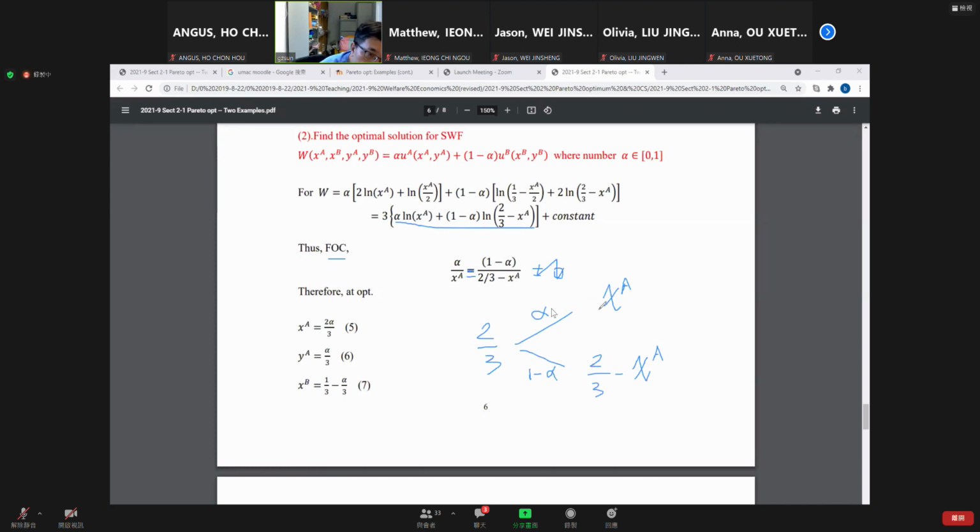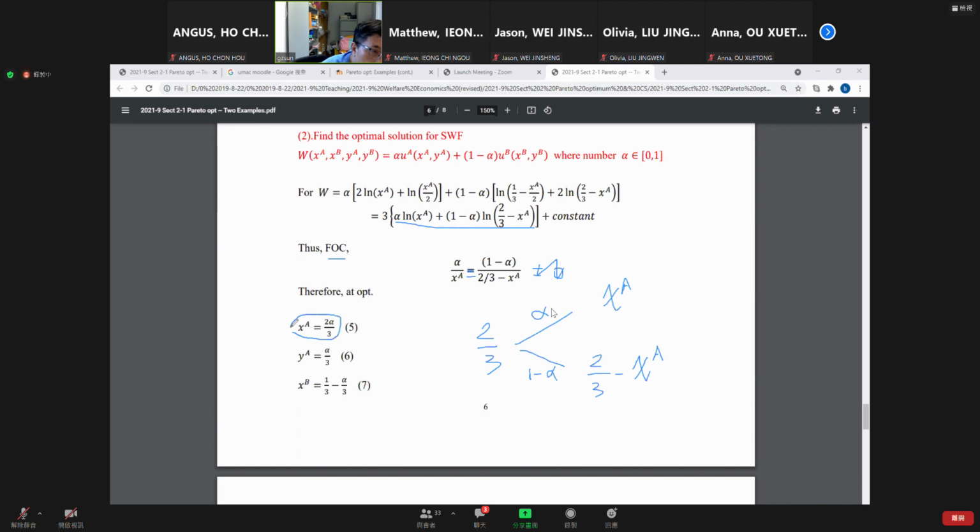This part given to XA, this part given to the rest, this number minus XA, in the way that XA takes alpha percent of the total value, the rest takes up the rest, 1 minus alpha percent of the total value. So therefore, XA must be equal to this one.